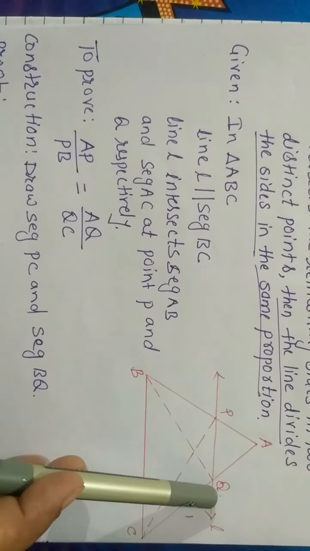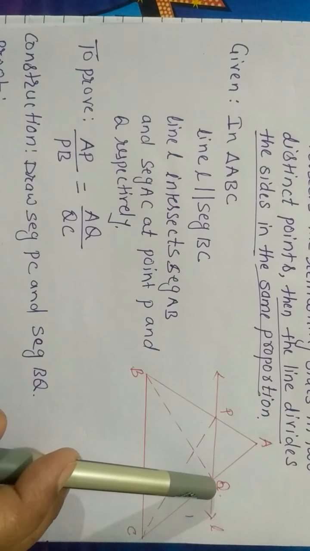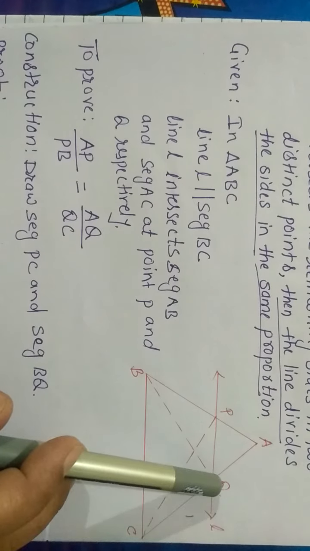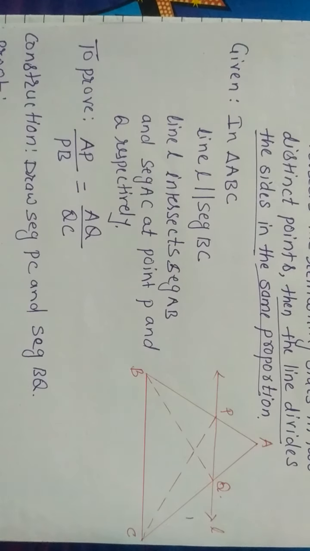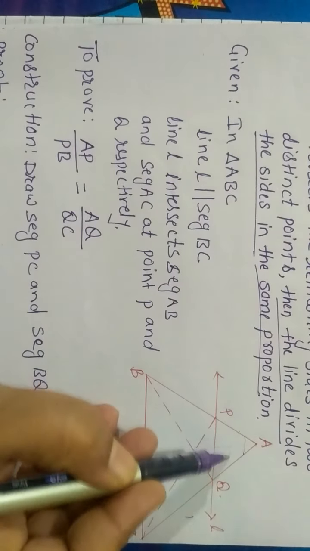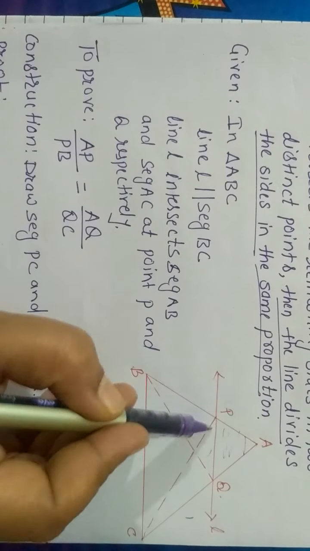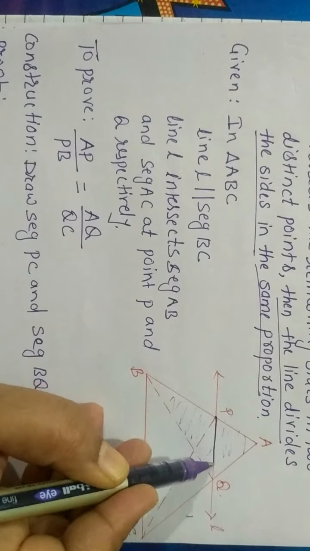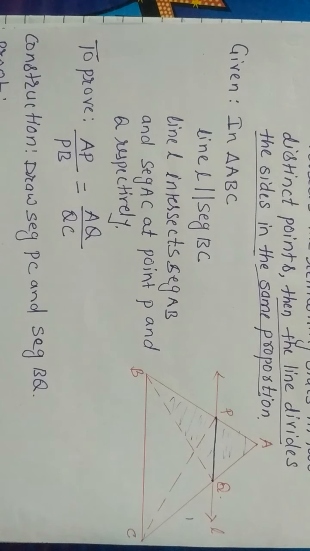It is a perpendicular line, and this is the height of this triangle, and it is also the common height of the other triangle. So we know the formula: area is proportional to the bases. Earlier we studied that.